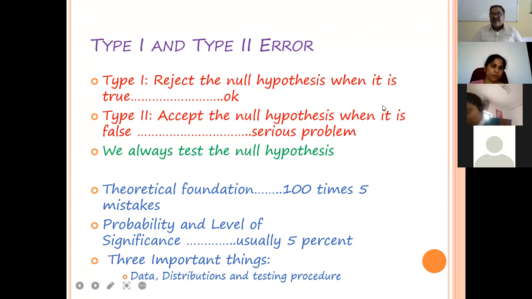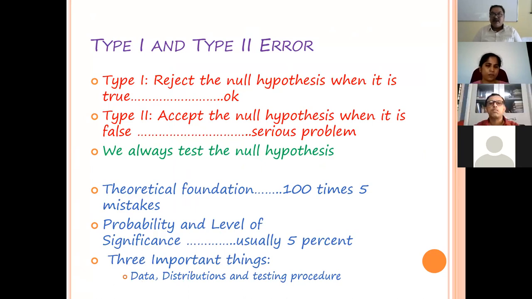Dear participants, as I have already mentioned, we construct the hypothesis to test whether we reject the null hypothesis or accept the alternative hypothesis. And as I already mentioned, we test only the null hypothesis.